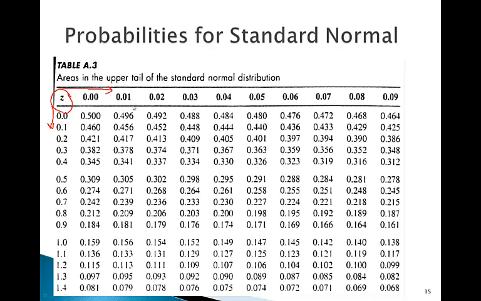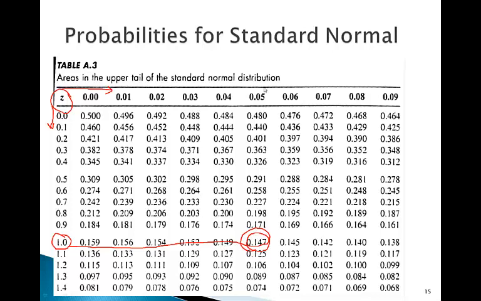So for example, if you want to look up the probability of being greater than 1.05, you would go down to 1.0 and then go over to 0.05.